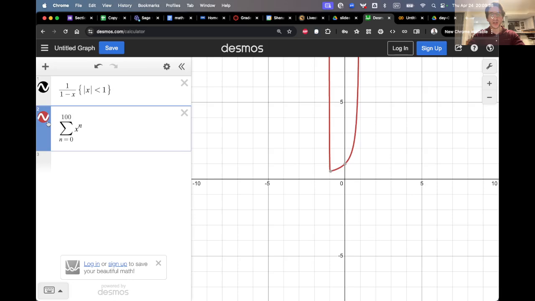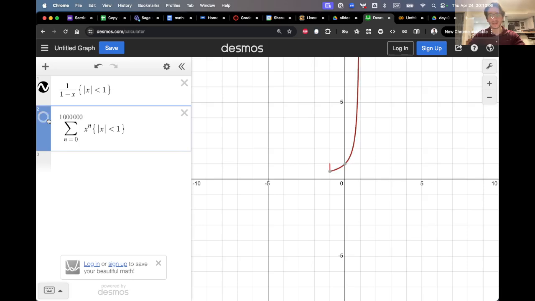Then these match up except at the endpoints. So if I look at absolute value of x strictly less than 1, there we go. If I could put in an infinity here, we would see perfect matchup. See, they line up. These two things are the same function once I replace that upper bound with an infinity.